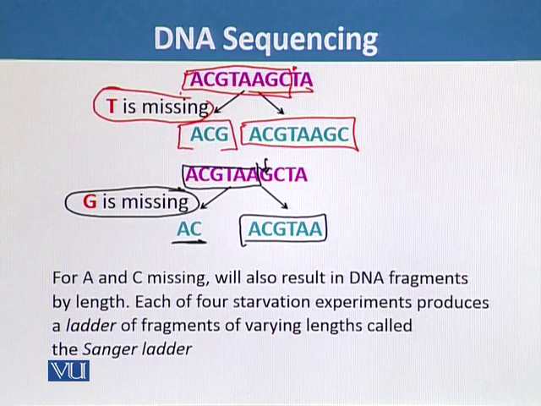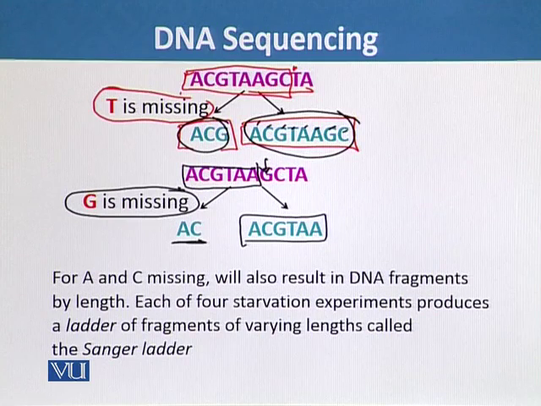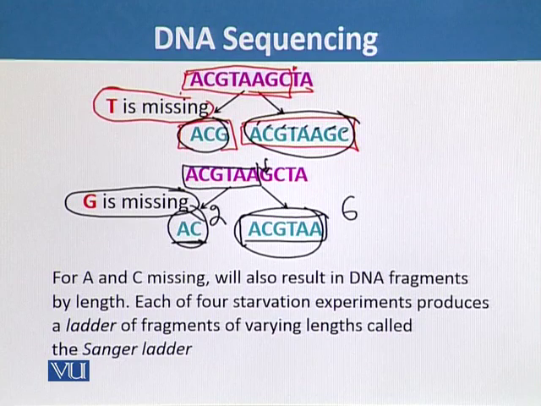By using this technique, we can see that different fragments are obtained. If T is limited, this fragment of 3 nucleotides is obtained, and if T is limited again, we will obtain fragments of 1, 2, 3, 4, 5, 6, 7, 8 nucleotides. In the other case, if G is limited, then we will obtain this fragment of 2 nucleotides and another fragment of 6 nucleotides.